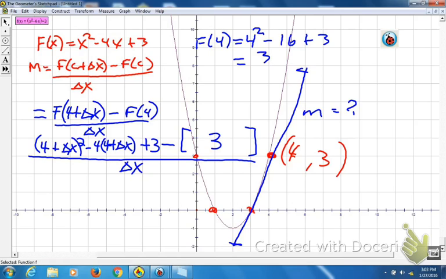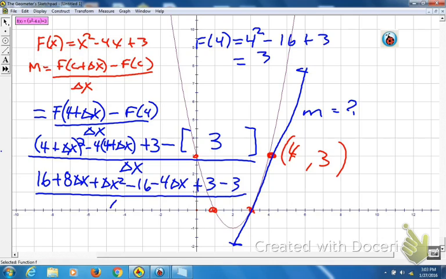So now, I'm going to expand this in here. So this becomes 16 plus 8 delta x plus delta x squared minus 16 minus 4 delta x plus 3 minus 3, and the whole numerator is divided by delta x.